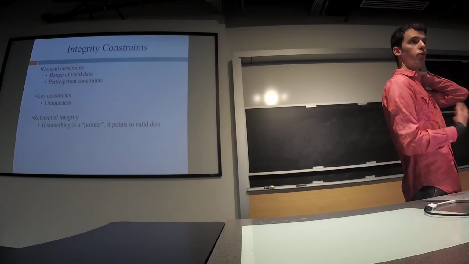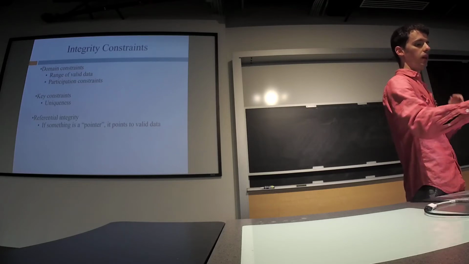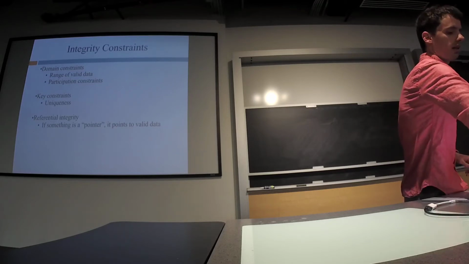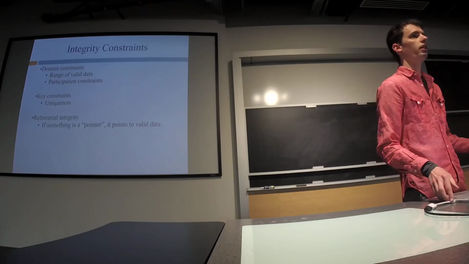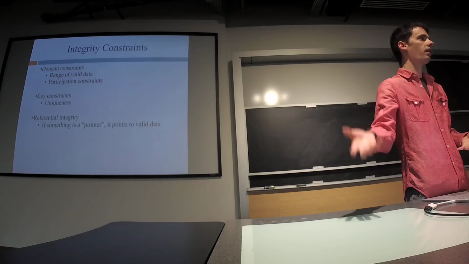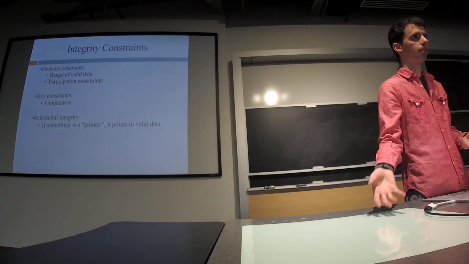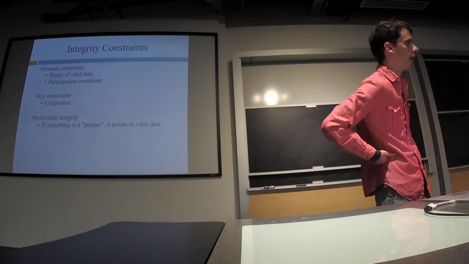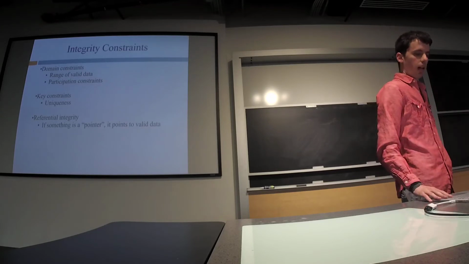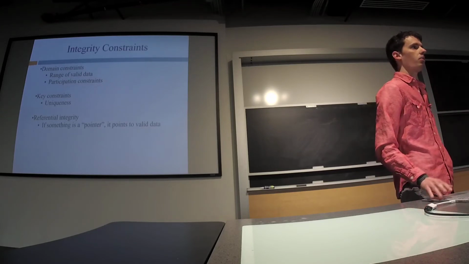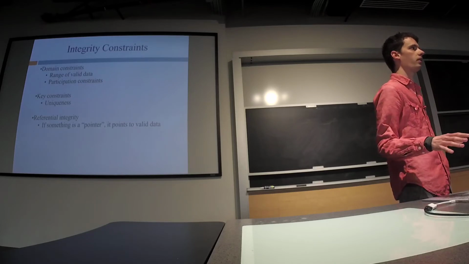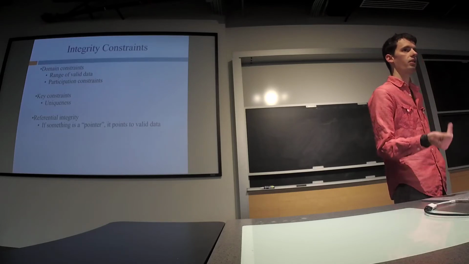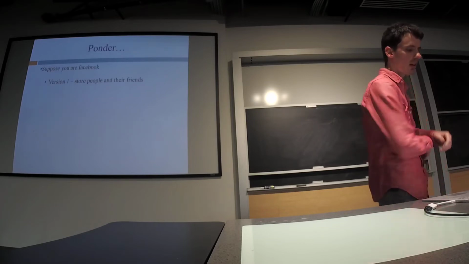Referential integrity, so foreign keys. If we have proper foreign keys, then it won't let us make an invalid pointer, or it won't let us delete the thing on the other end of a pointer. Things like that. And that's great. That means the database system is doing all of the error checking for us, and proving that our data is properly formed.